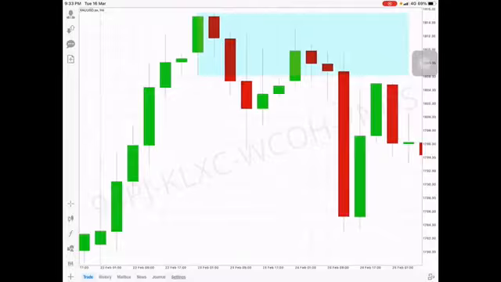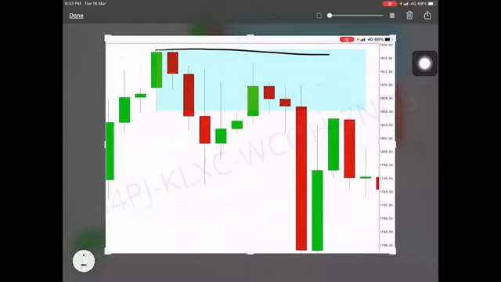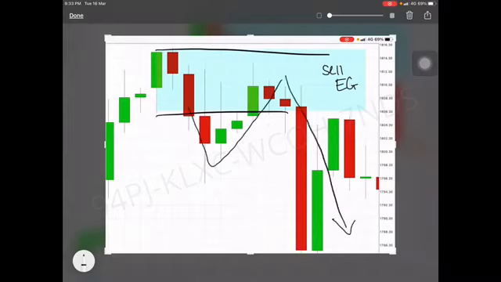So this is sell engulfing. What are we looking for when the price comes back to here, sell or buy? Sell. And see when it comes back, it goes down. So do you understand that this is a low risk marking? Is it clear to you?